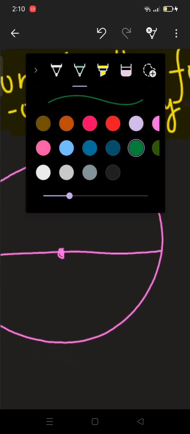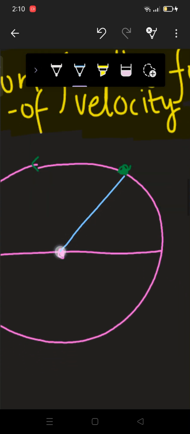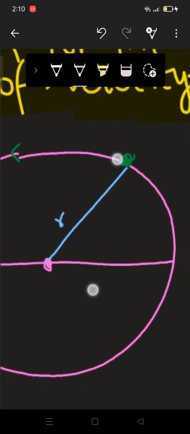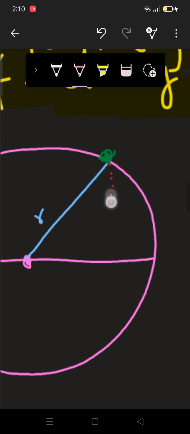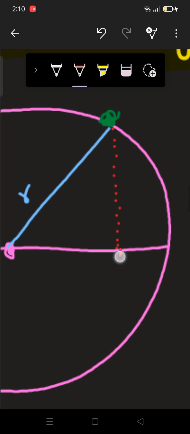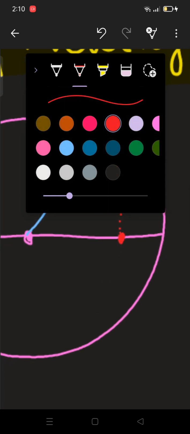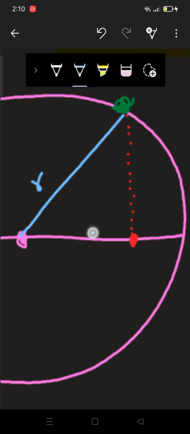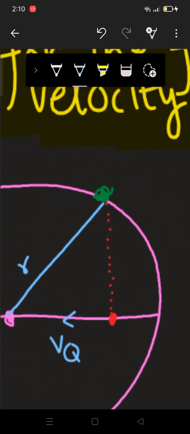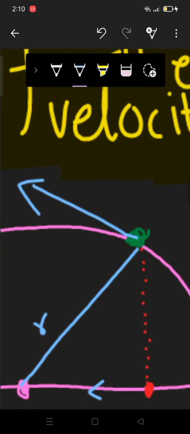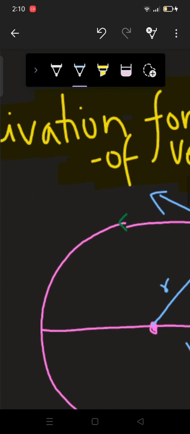This is our radius, and here we are going to have the projection of the particle. Here we are going to have its velocity, which we are naming vq, and here we will have the particle's tangential velocity. We have already discussed tangential velocity.